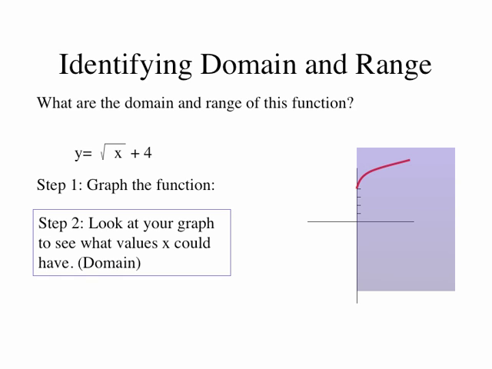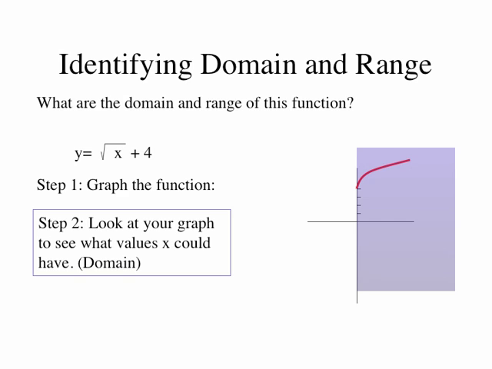And that makes sense in the context of our function. Think about what would happen if you tried to plug in a negative number for x. You'd be trying to take the square root of a negative number, and that wouldn't give you a real number as an answer. So you're only allowed to plug in numbers that are 0 or greater for x. So the domain is x is greater than or equal to 0.